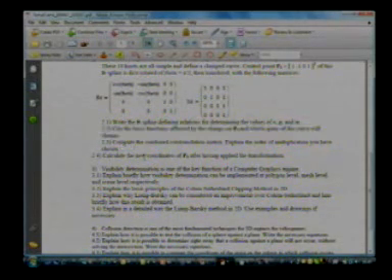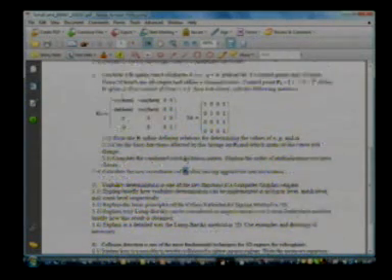Then you have to compute the combined rototranslation matrix and explain the order of multiplication you have chosen. Because then, in number 4, you have to transform P6. To transform P6, you have to multiply the coordinate of P6 with the rototranslation matrix. But first you have to compute the rototranslation matrix.